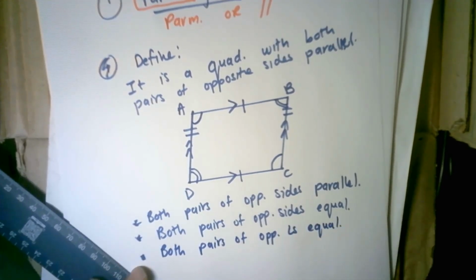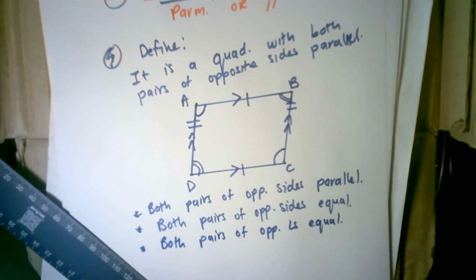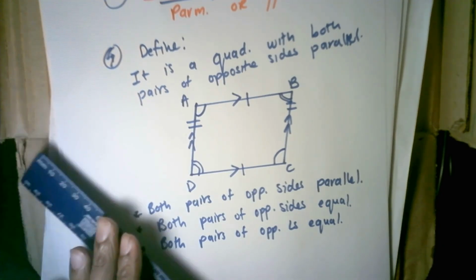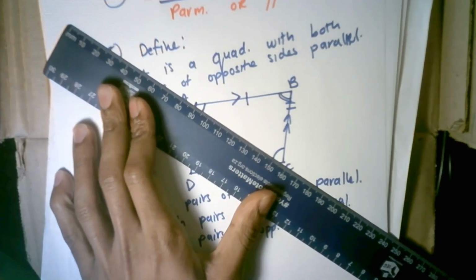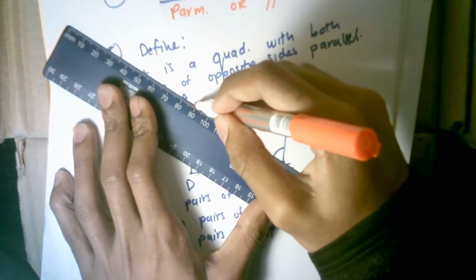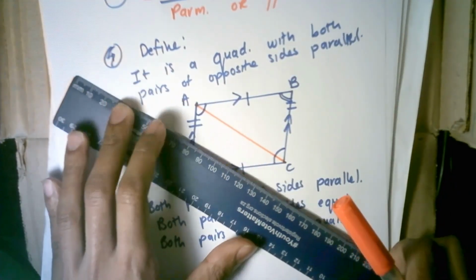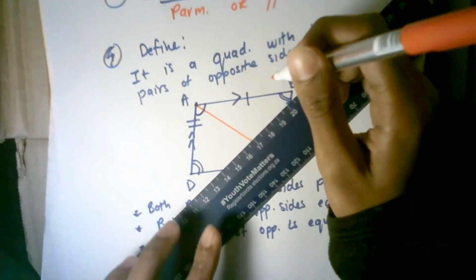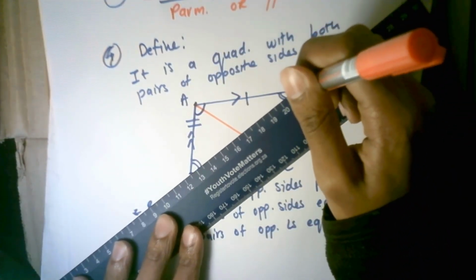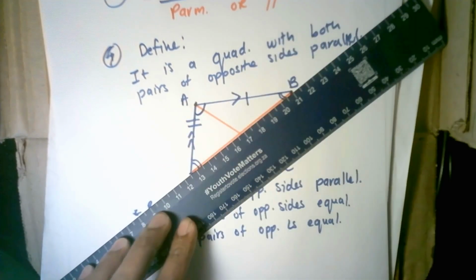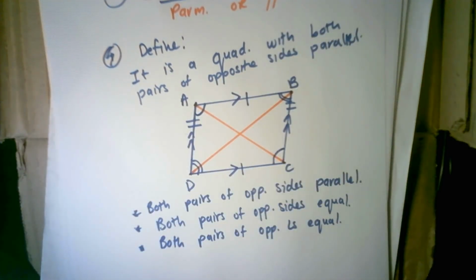Now, with regards to the diagonals, and I mentioned what a diagonal is, it basically goes across from one vertex to the other. So I have two diagonals in this parallelogram. I have diagonal AC and I have diagonal BD. Right? So the diagonals of a parallelogram bisect each other. That's a new word to you.